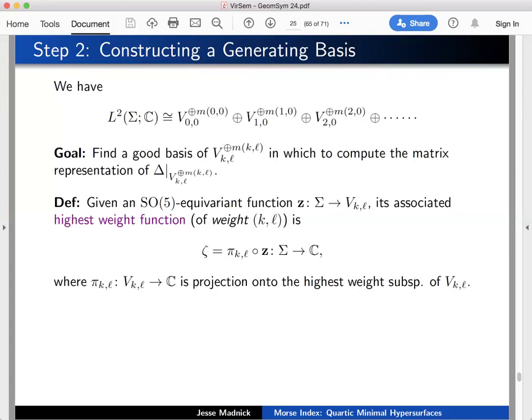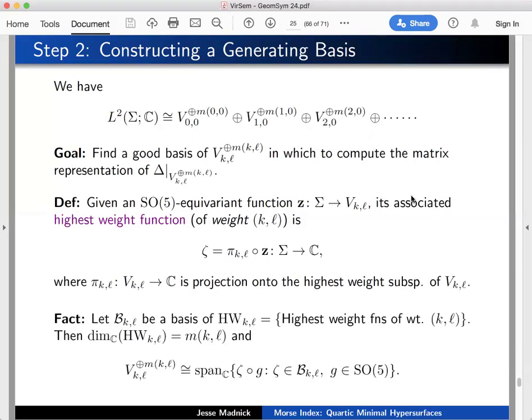A definition first: given an SO5-equivariant function Z on sigma valued in V_KL, its associated highest weight function is obtained by composing Z with the projection onto the highest weight subspace, which necessarily has complex dimension 1. Here we've chosen a highest weight vector in each of the highest weight subspaces.